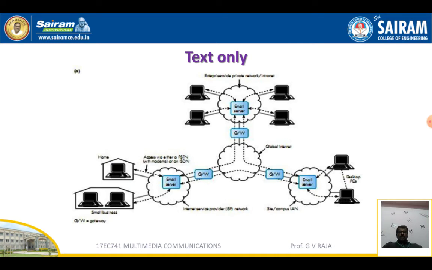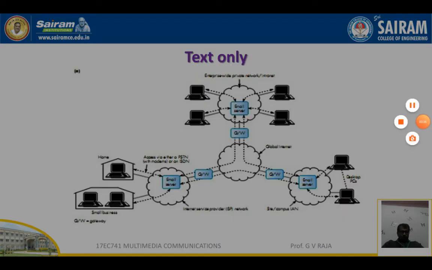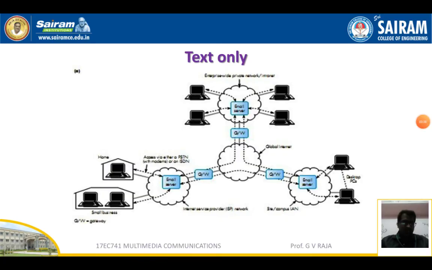So next is text-only operation. An example of text-only operation is email. The user terminal is normally a PC or workstation, and a user at home can access the internet through the PSTN or ISDN or through some intermediate ISP network.